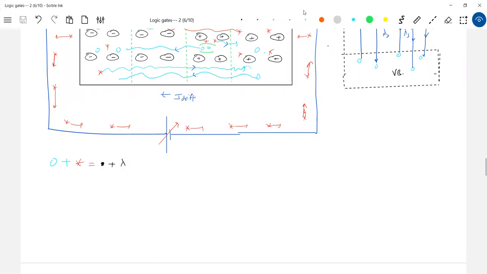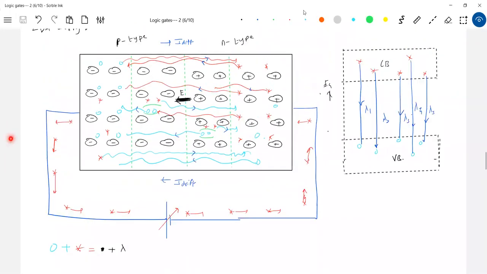So let's calculate some energy. Lambda equals hc by E. Let me take the energy as 1 electron volt. So look at the range. We'll get in Angstroms 12,400 Angstroms.